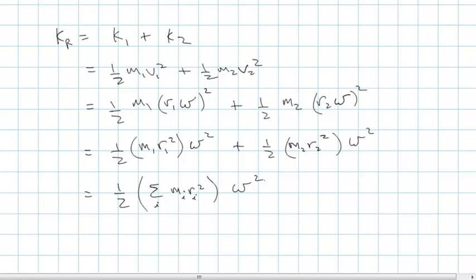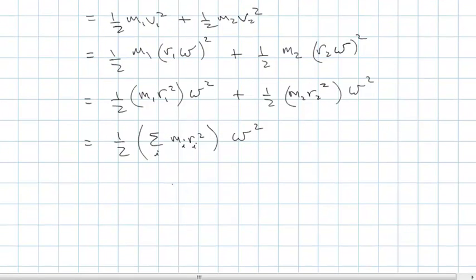I add them all up, each mass multiplied by its distance squared to the axis of rotation. If this object is not made up of individual point masses, if it's a solid object like a rod or a ball or a disc, and it's rotating, then this summation turns into an integral, and you integrate over the rigid object. But I'm not going to do that right now.